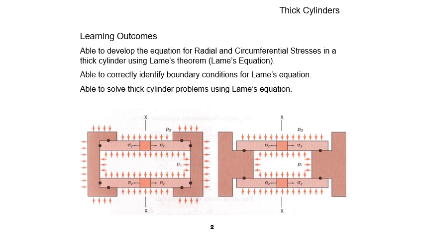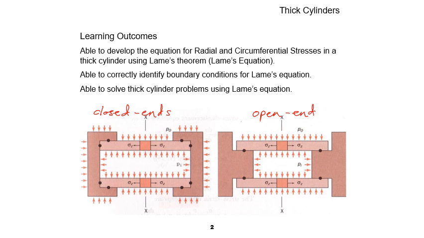The diagram at the bottom here shows thick cylinders. On the left is called a closed end thick cylinder, and this one on the right is called an open end thick cylinder.